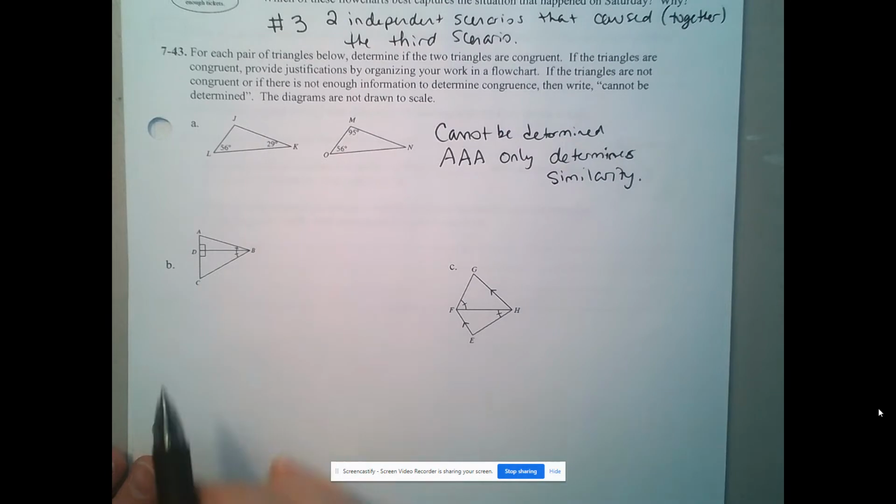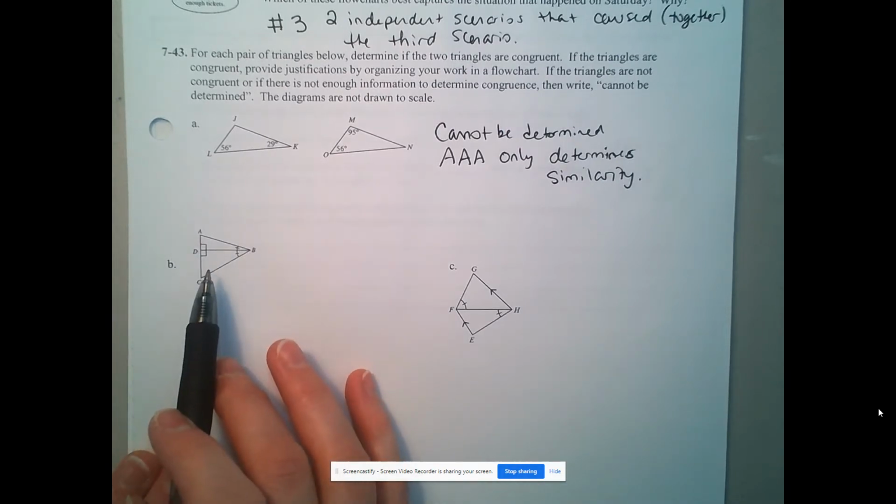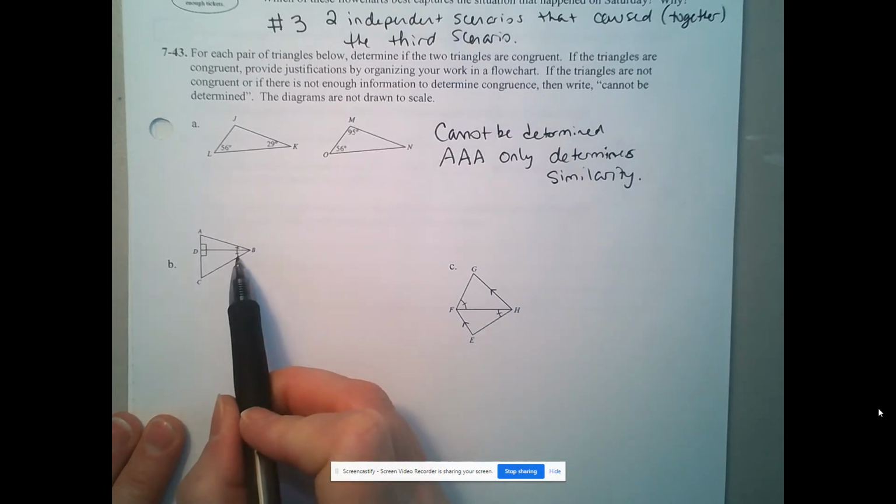All right, so B, do not rely on what you see as far as size and shape of the 2 triangles. You have to rely on what you see for symbols, numbers, labels, and such. The first thing I see is that there are 2 right angle symbols. I also see that there are 2 angles that have the single tick mark. So I'm going to start with those.